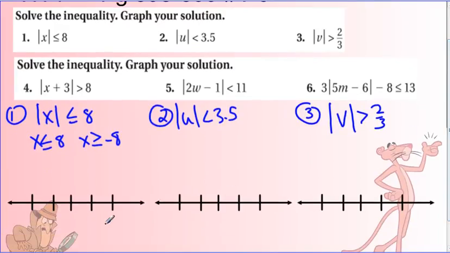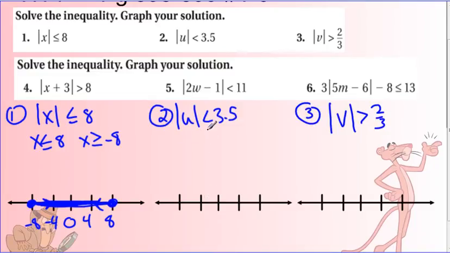So when I graph 0, 4, 8, negative 4, negative 8, I want to shade less than or equal to 8. So there's equal to, there's less than. Greater than or equal to negative 8. There's equal to, there's greater than. So I'm shading the stuff in between is the solution for number 1.